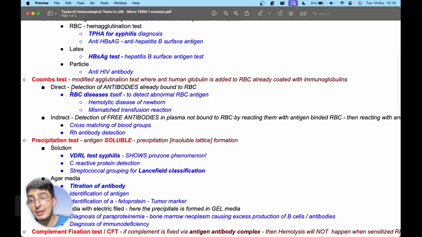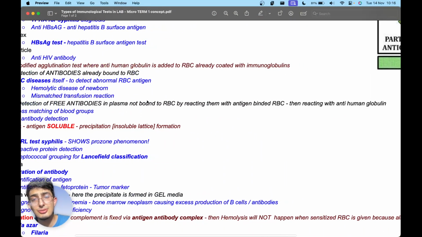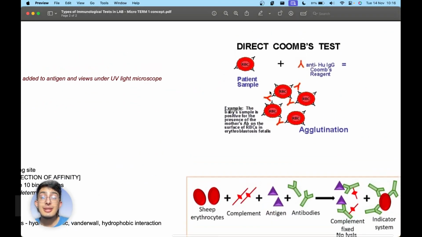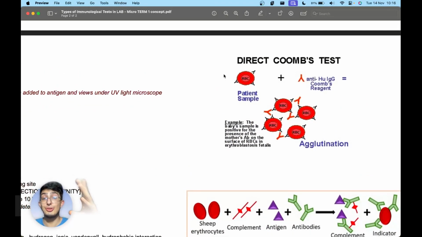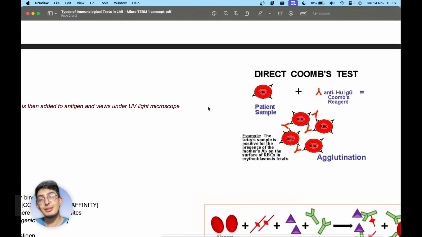And again, the Coombs test can be direct or indirect, right? Now, the direct test is done if the antigen-antibody complex is on a cell itself, right? But the indirect Coombs test, it's kind of hard to explain here. The indirect Coombs test is done to detect antibodies that are not attached to the RBC.